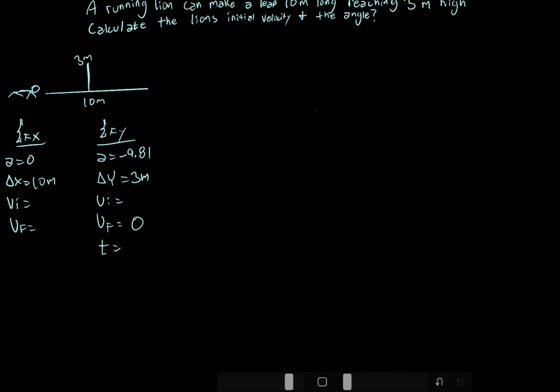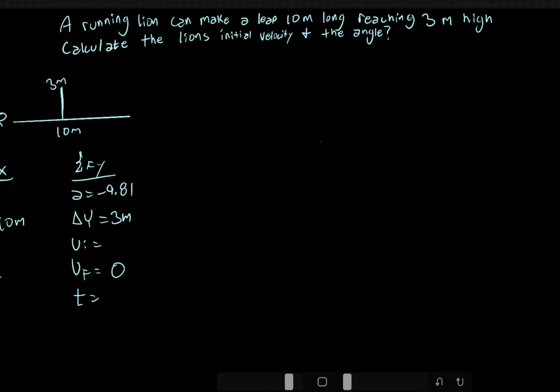And then there's time. Okay, so in the y component, we have 3 pieces of information. So what kinematic equation can we use? We can use this one, and we'll use it to find initial velocity. So v final squared is equal to v initial squared plus 2 acceleration and displacement.